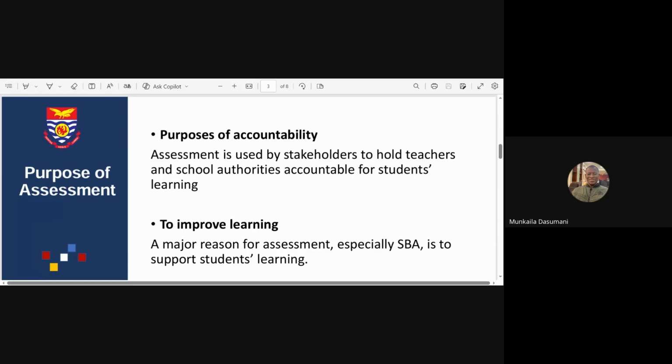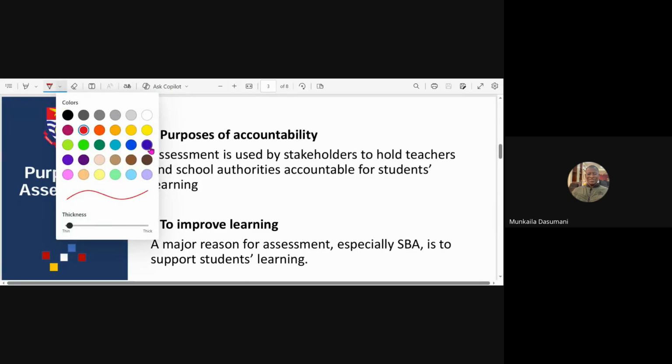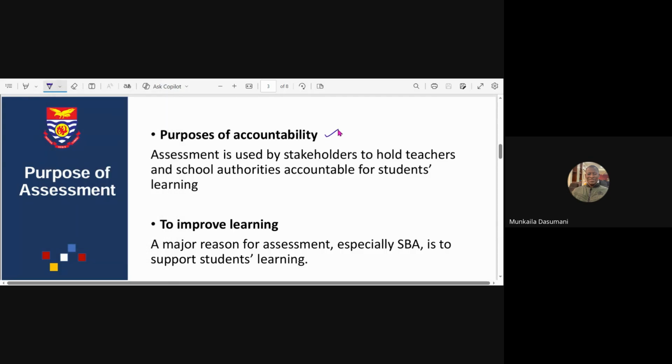That's okay. Maybe I add something small to that, the accountability. Thank you very much, Prosper. We all remember that with assessments, sometimes the GES will say that this school's headmaster should come and explain why the students performed so badly, because the GES can question your school.